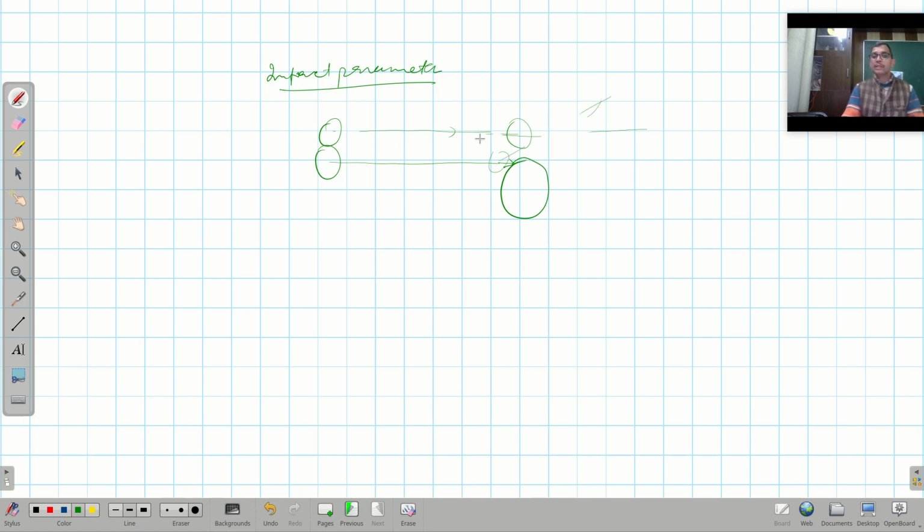So the closest perpendicular distance between the axes of these two, the closest approach of these two, is known as the impact parameter.